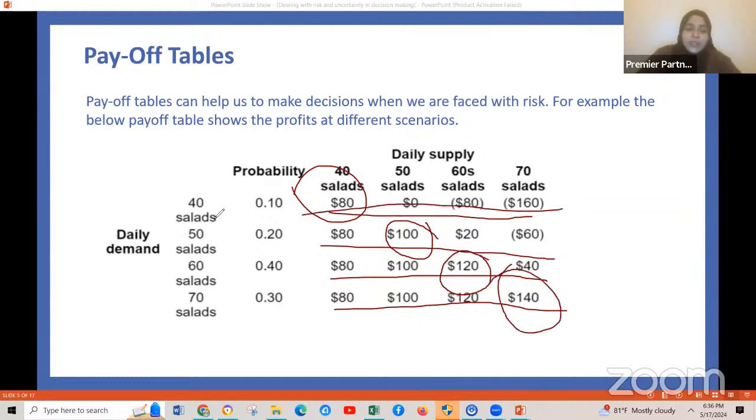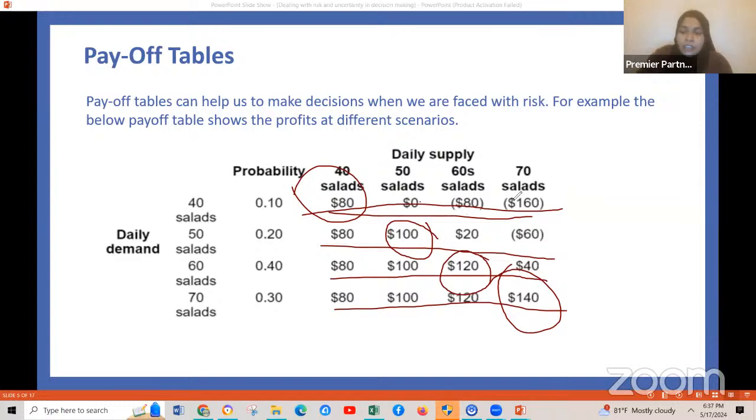When the demand was 40 and you supplied 50, you're regretting, oh no, I could have made 80 more if I made the right decision. If the demand was 40 and you supplied 60, you're regretting, oh no, I lost 80. So I'm regretting that 80 I lost, plus another 80 I could have made. So you're regretting a total of 160.